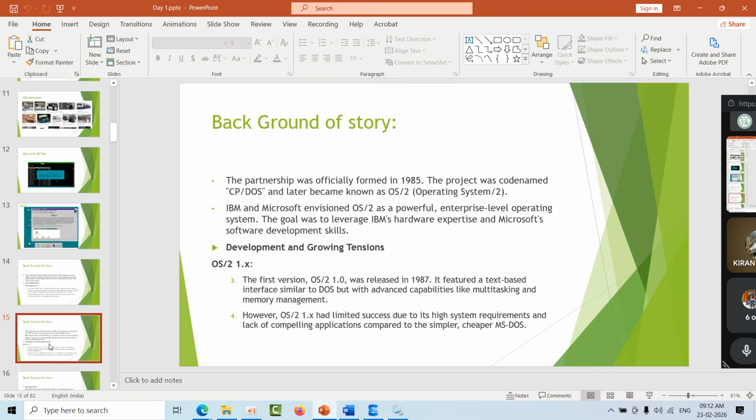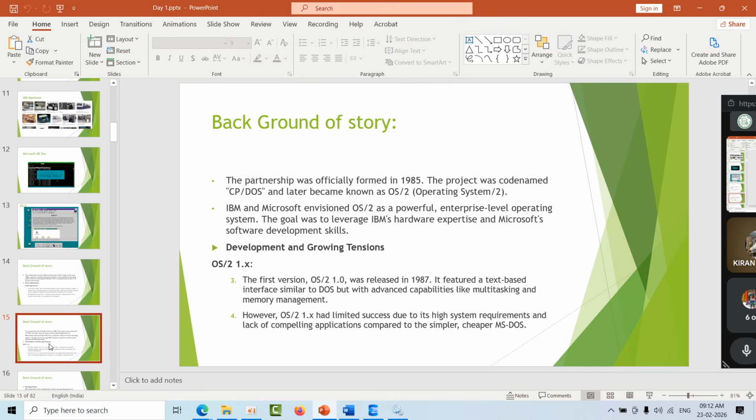So now Microsoft thought that we are deviating, our interests are different here. The things are going in different ways, so they got some clash. So now they got separated. Why? Because Microsoft wants to make the operating system very friendly for the client, for the user, for the large crowd.